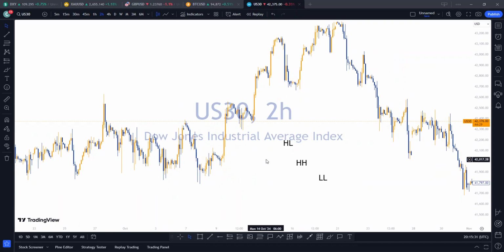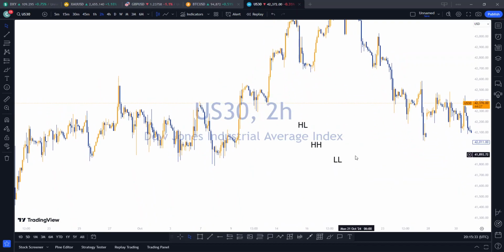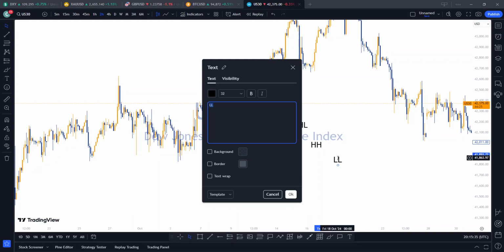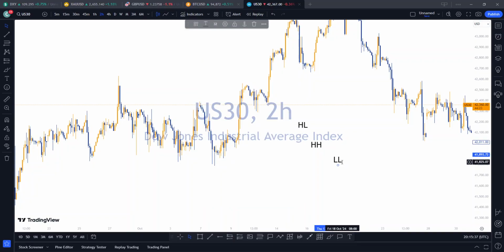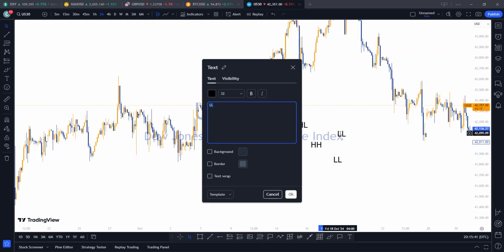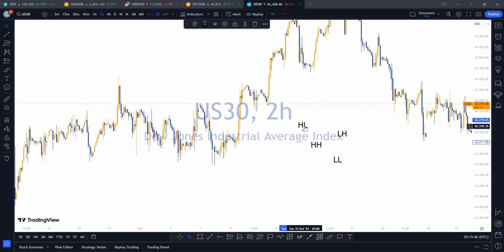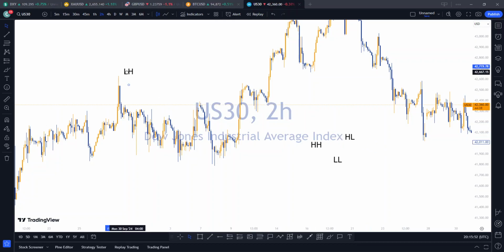Okay, so now we can see, just like I mentioned, we need a lower high. So we can see right here, just like I mentioned, we have a lower high here.